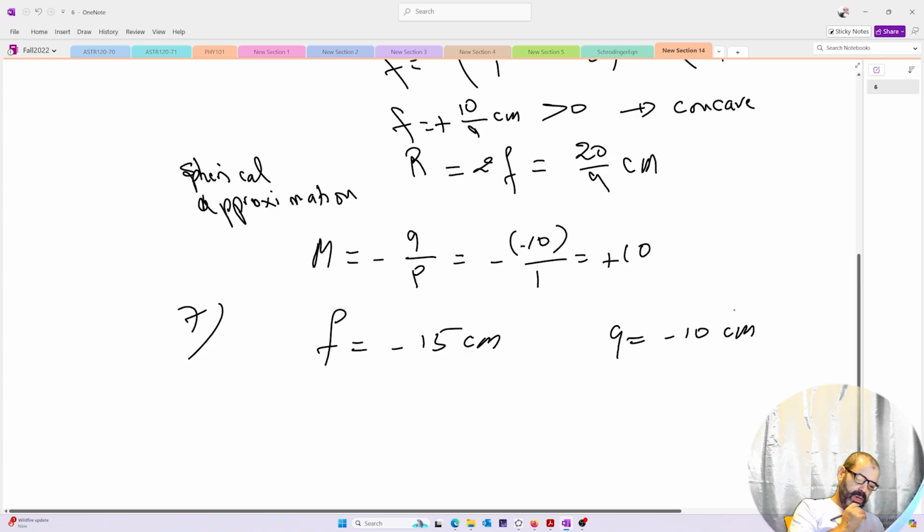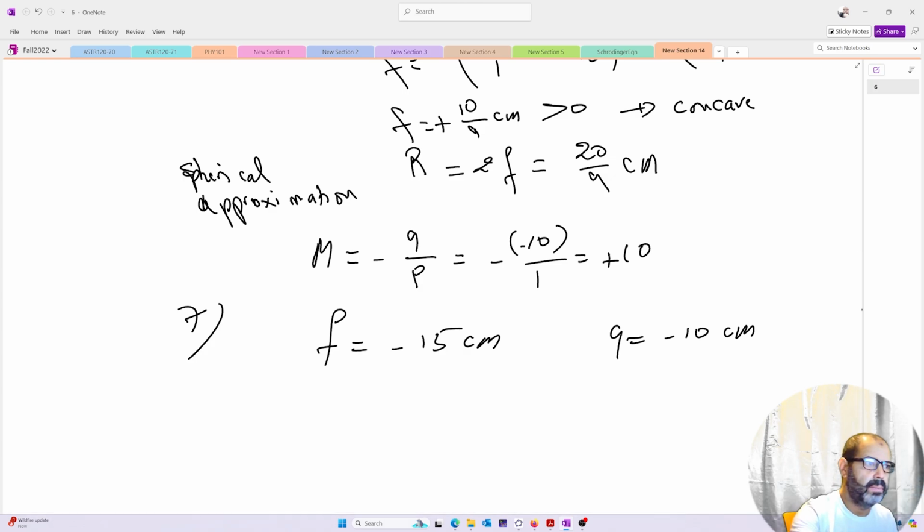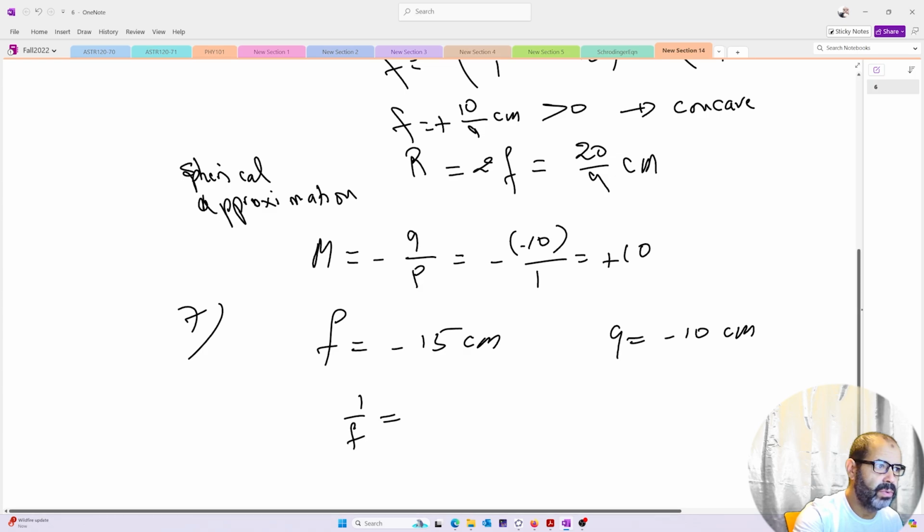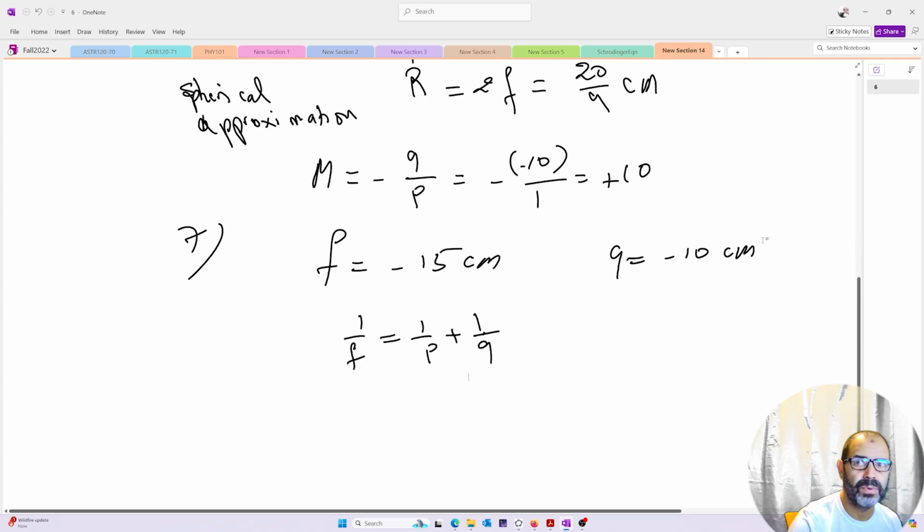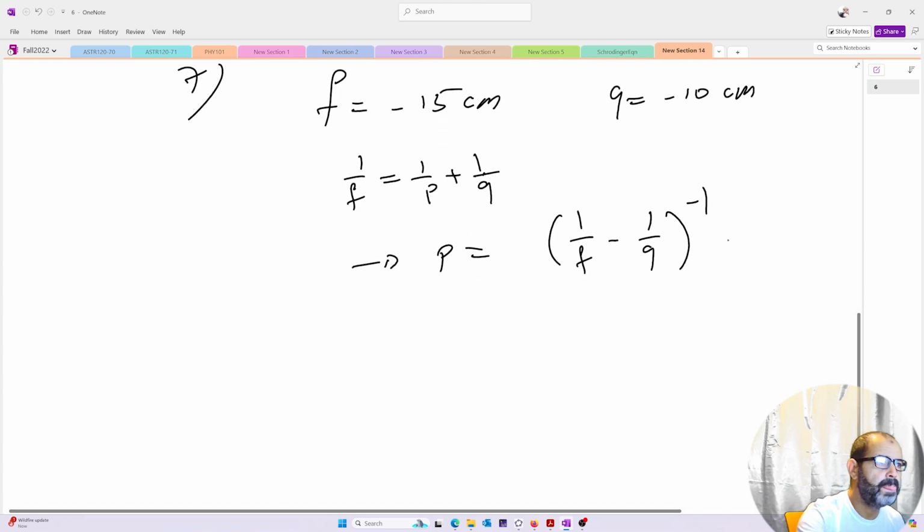Where should the object be placed? So we need P. Basically, 1 over F equals 1 over P plus 1 over Q. Take 1 over Q to the other side, that changes sign, and flip it. So I'm doing 2 operations, hopefully you got it. We will find P equals the inverse of 1 over F minus 1 over Q. So P is equal to 1 over F, and F is negative 15, so negative 1 over 15, plus, because I have a minus here and a minus from the Q, 1 over 10, inverted.